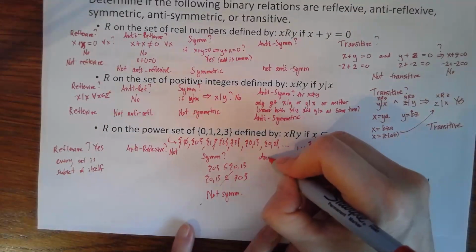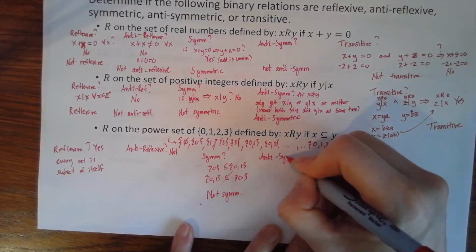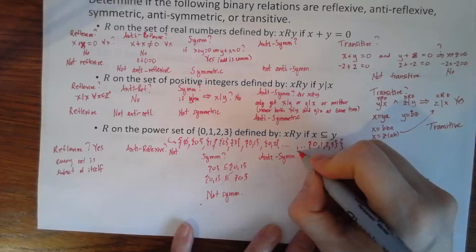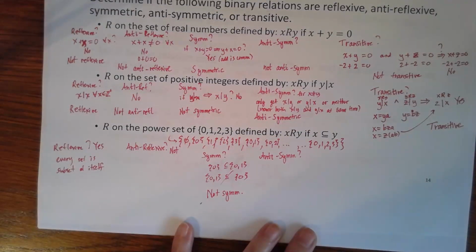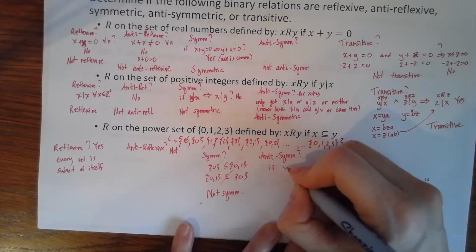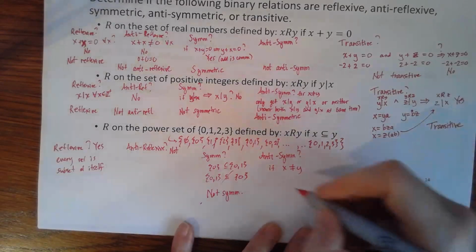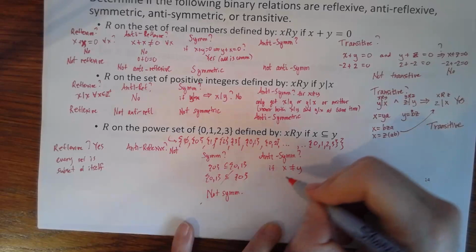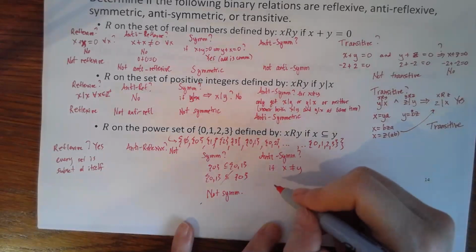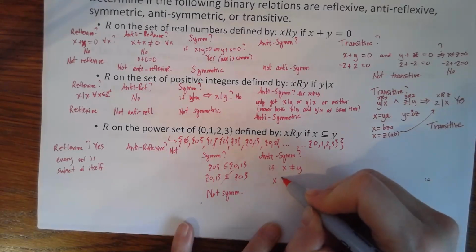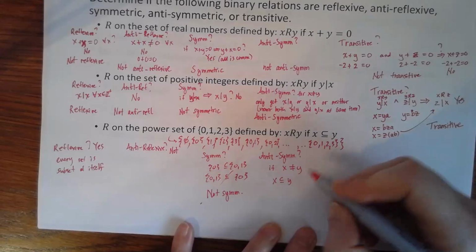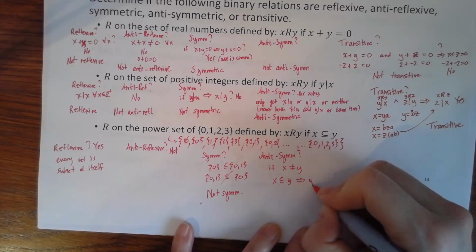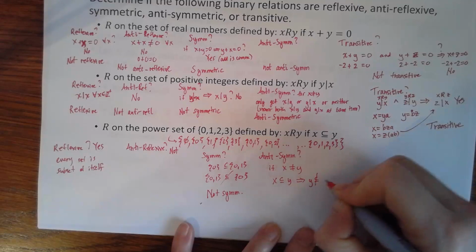Is it anti-symmetric? If x is not equal to y, and x is a subset of y, that implies y is not a subset of x.